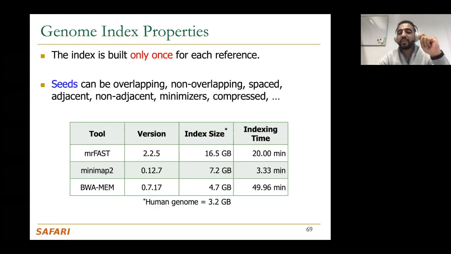But again, this might not be as much of a concern, because you do this only once. But still, the index size is concerning, because you will use it for all subsequent searches using a read. Whenever you have a read, you need to go to that index and search it, so you need to load the entire index to the DRAM such that you reduce the number of misses you have.